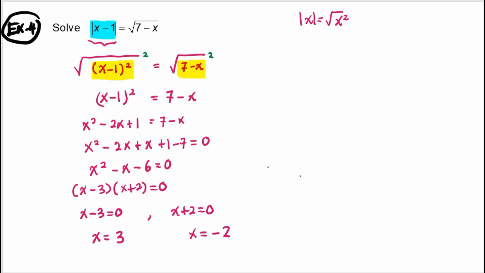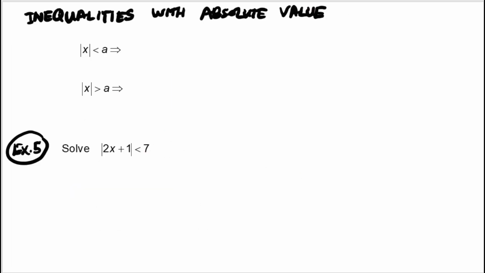Right, now let's go to this one. We go to the concept of inequalities. Now we're going to solve inequalities which involve the absolute value. You should know that when we have the modulus of x less than the value a, then x is actually between negative a and a.